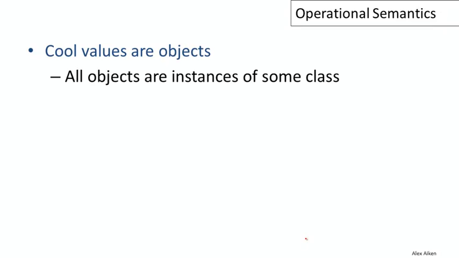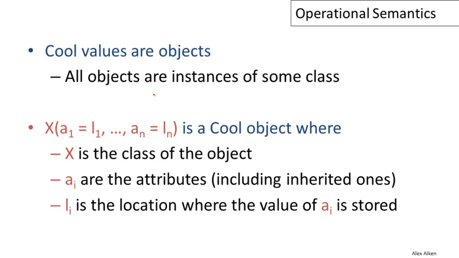Now in Cool, we have more complicated values than integers. In particular, we have objects, and all objects, of course, are instances of some class. We're going to need a notation for representing objects in our operational semantics. An object will begin with its class name, in this case the class name X, followed by a list of the attributes.